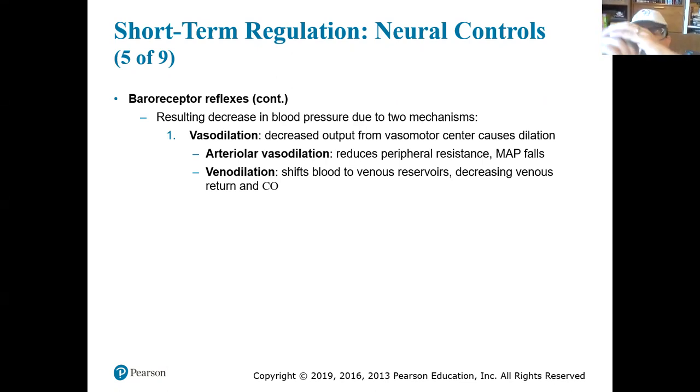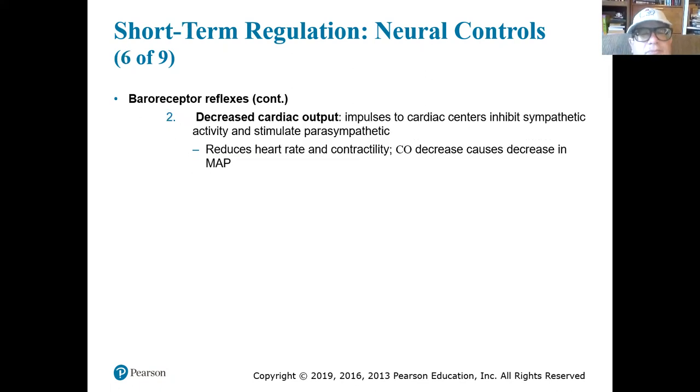Arterial is a major factor on pressure, because doubling the radius leaves only 1/16 of the original resistance. That's the arterial. On the venous side, it's an entirely different reason. Instead of the blood going directly back to the heart, it's going to pool in the veins.